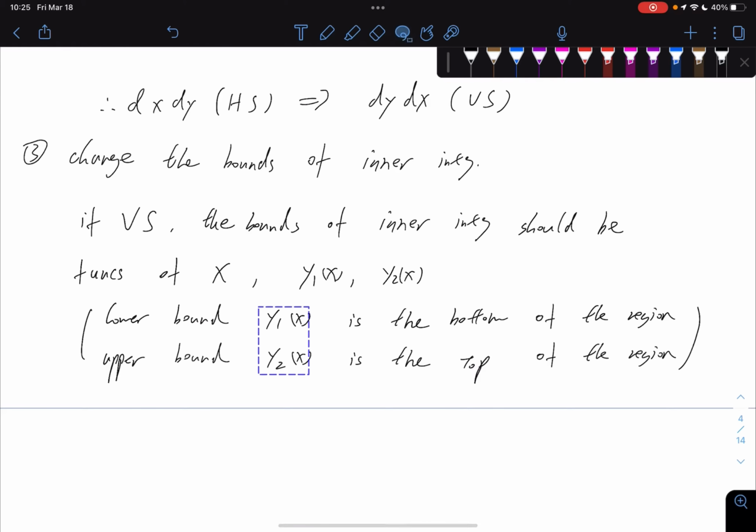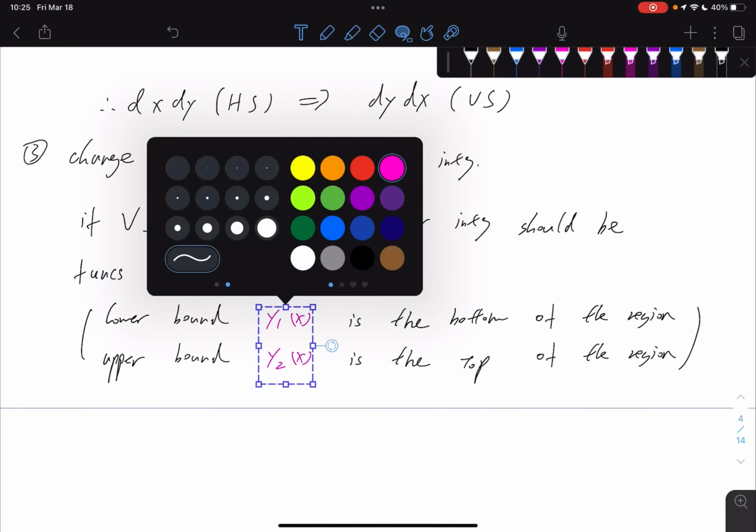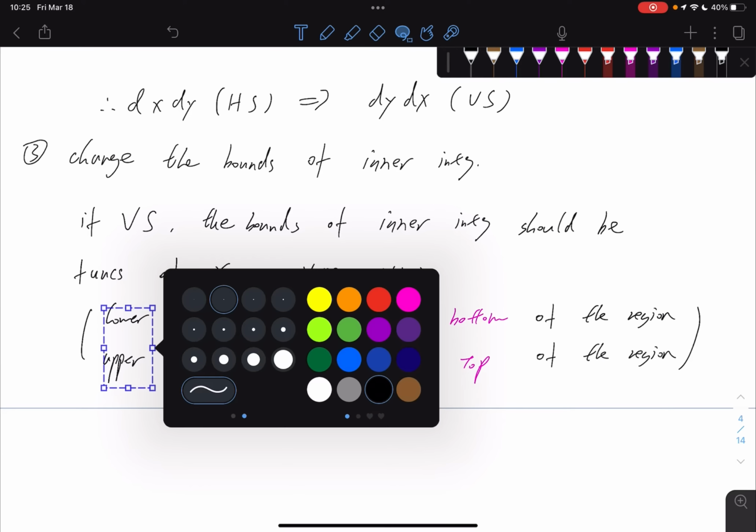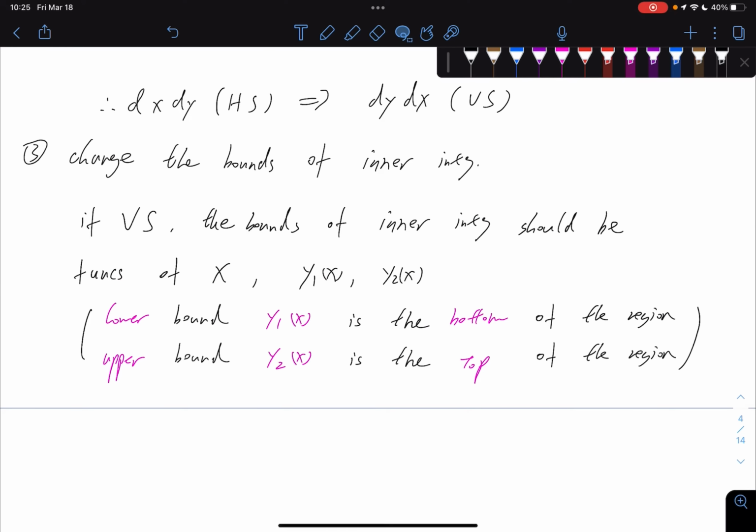Let me highlight these two things. So lower bound, upper bound.